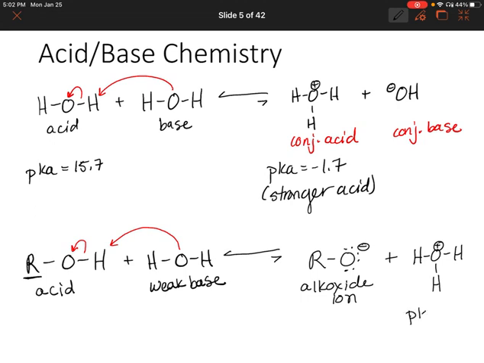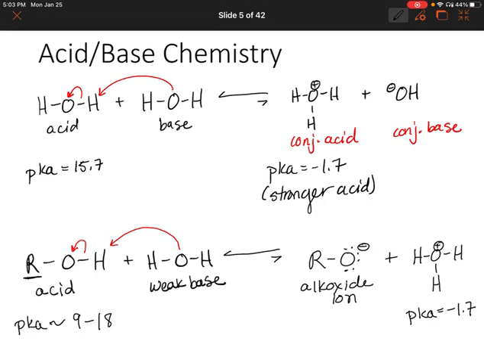So we already said that the pKa value of the hydronium ion is negative 1.7. Well, if we look up pKa values for alcohols, that can range from 9 to 18. So it really just depends on what that R group is.